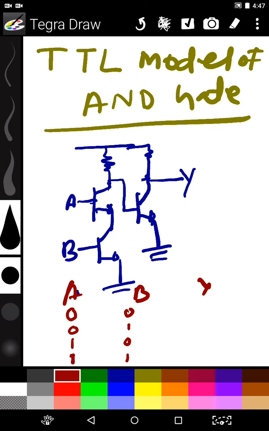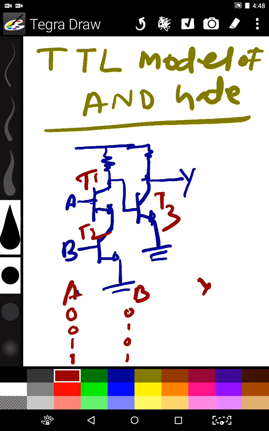When A equals 0, let's say this is transistor T1, this is T2, and this is T3. Transistor T1 is in the off condition, and transistor T2 is also off.